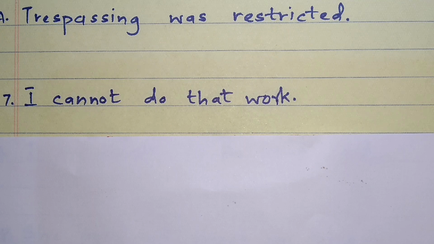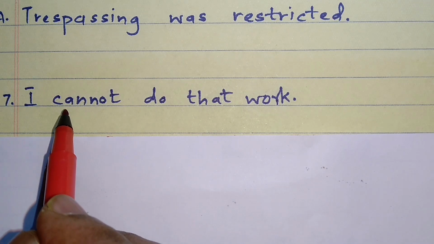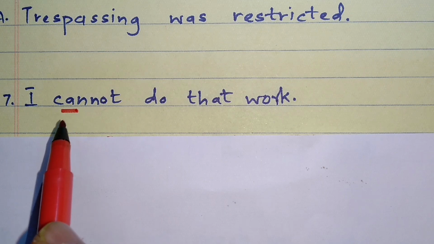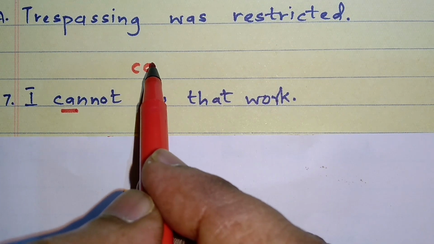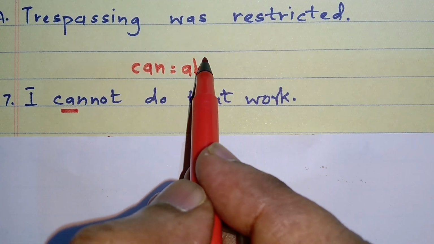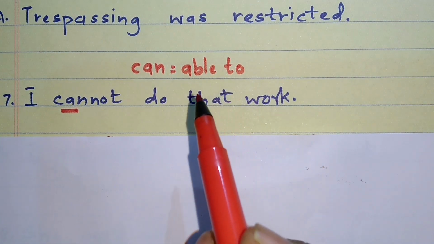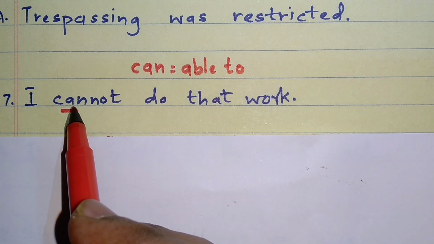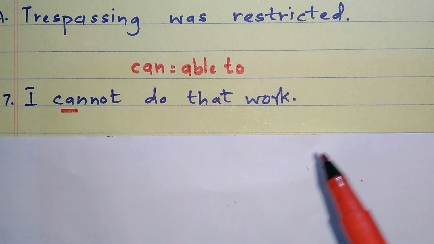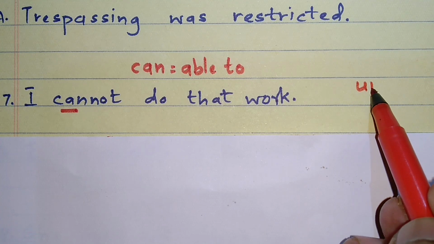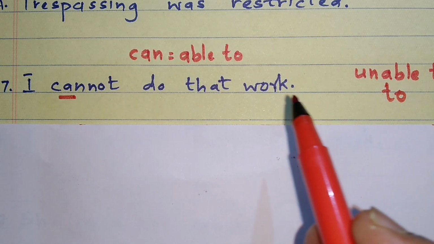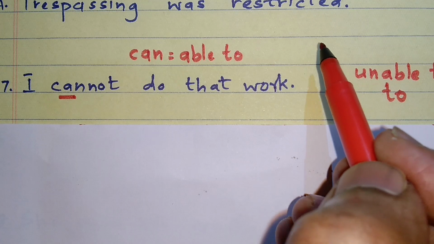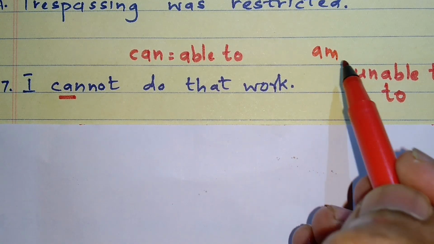I cannot do that work. Friends, when we have this word can, remember, can means able to. So therefore, when we are removing cannot, we have to use unable to. Now, since the subject is I, we will use am.